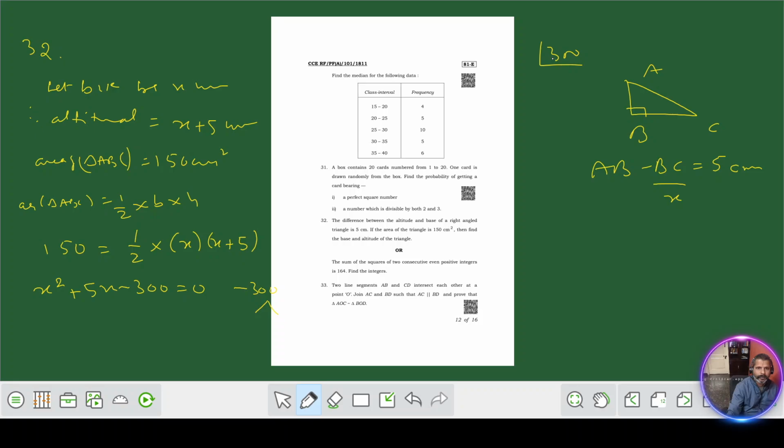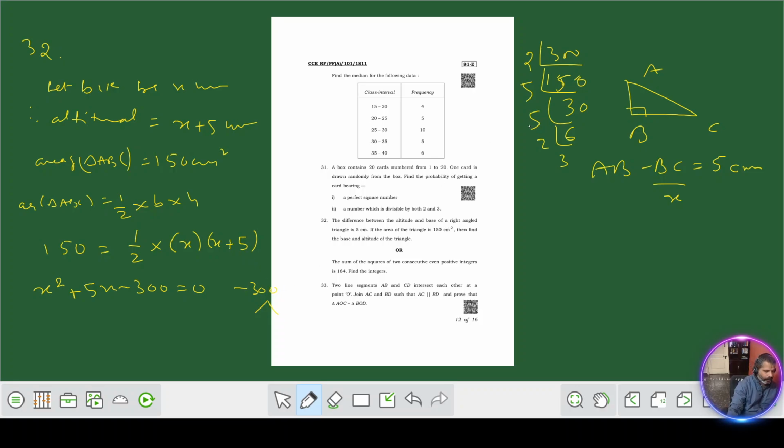Okay. How do you calculate? 300 is 2 into 150, then 5 3s are 15, 5 6s are 30, 2 3s are 6. Group these together such that the addition and subtraction should give plus 5, and the product should give minus 300.